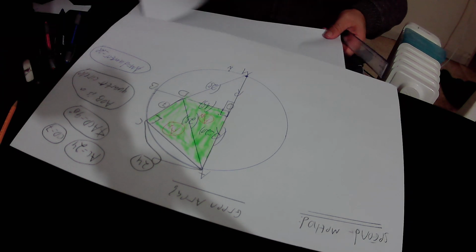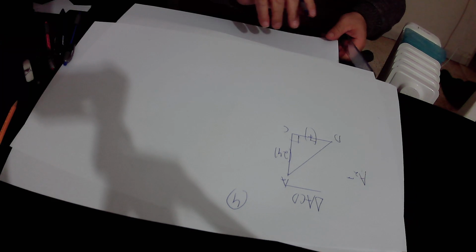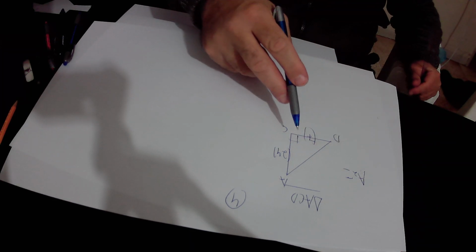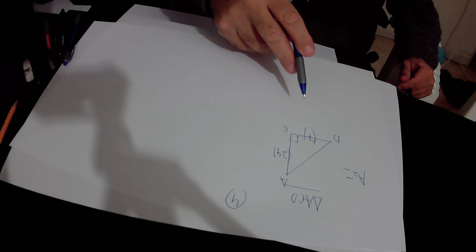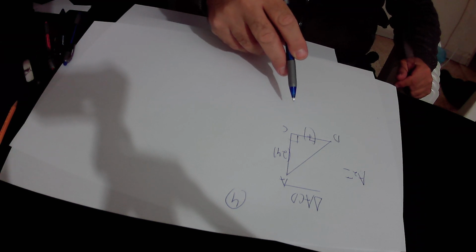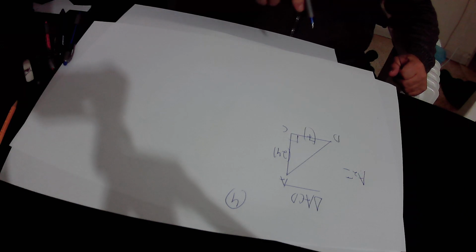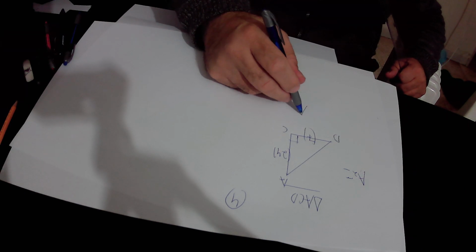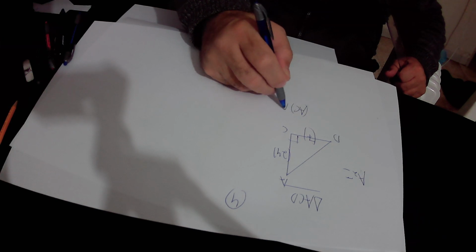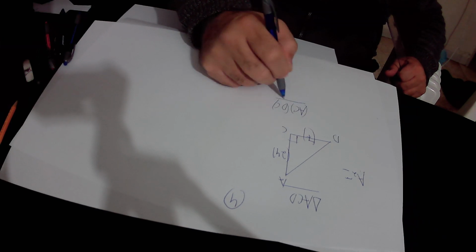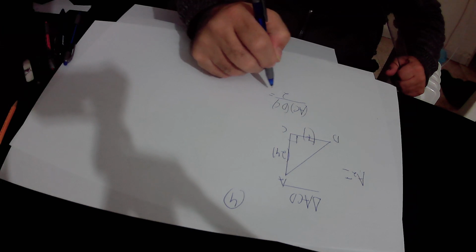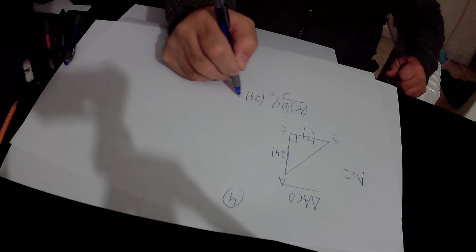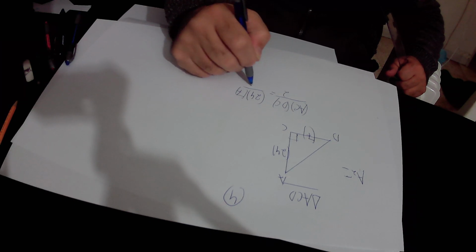Again, the area of A2 is the area of the green triangle ACD. I copied the triangle ACD here. The area of this right triangle ACD will equal AC times DC over 2. AC is 24, DC is 7, over 2.